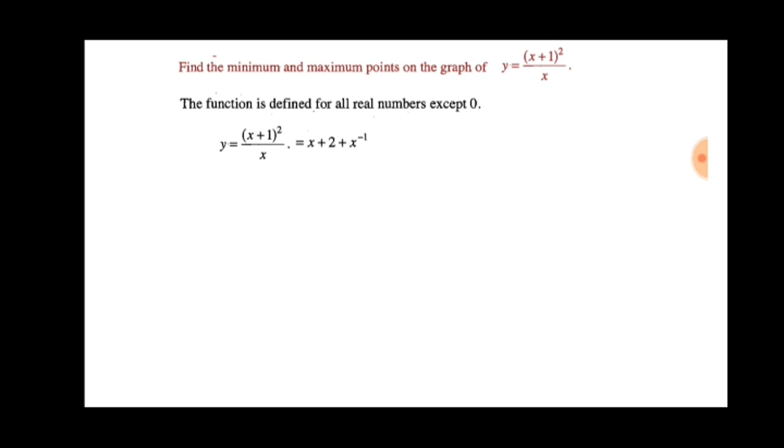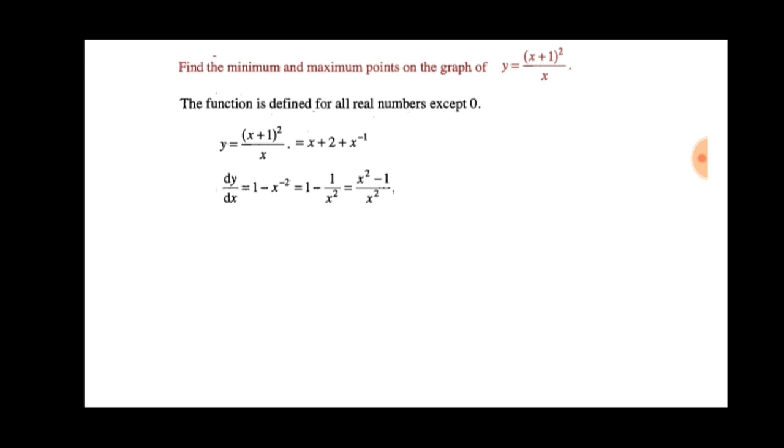We need to find the minimum and maximum points on the graph of y equal to x plus 1 whole square over x. Here the domain is all real numbers except 0. The given function can be rearranged as y equal to x plus 2 plus x power minus 1.